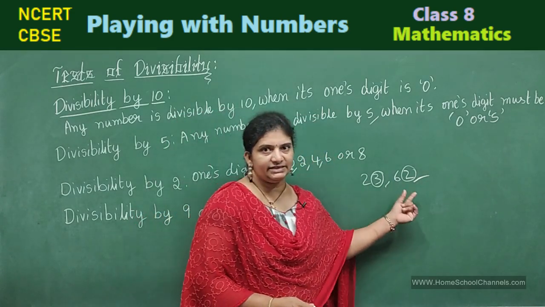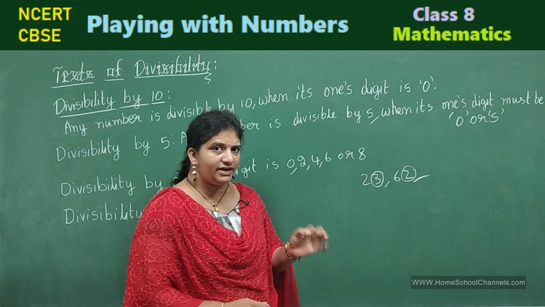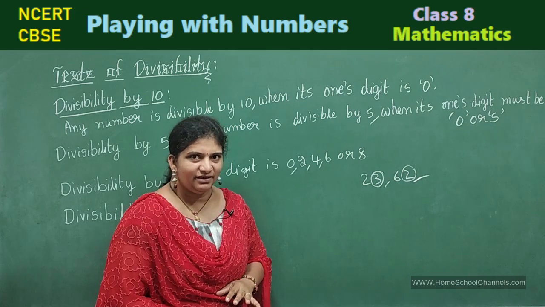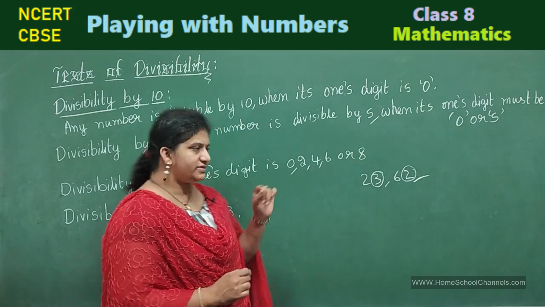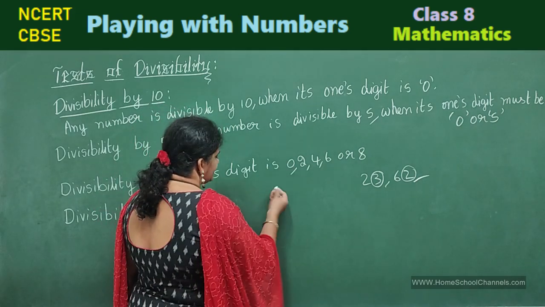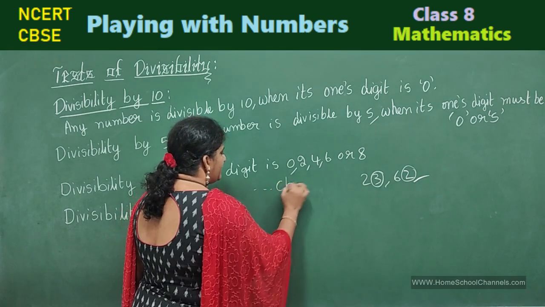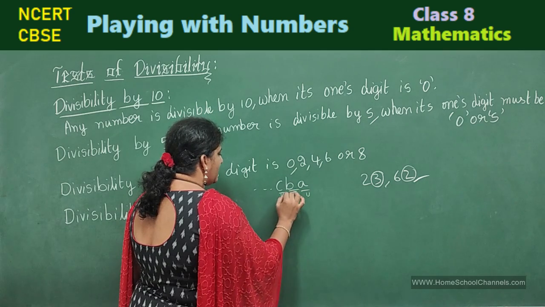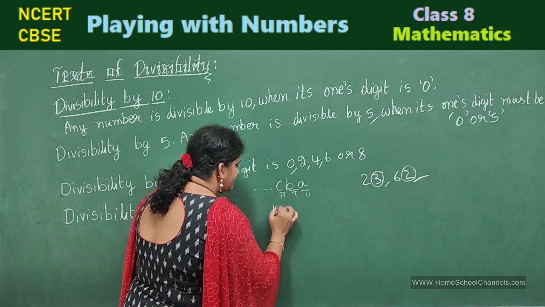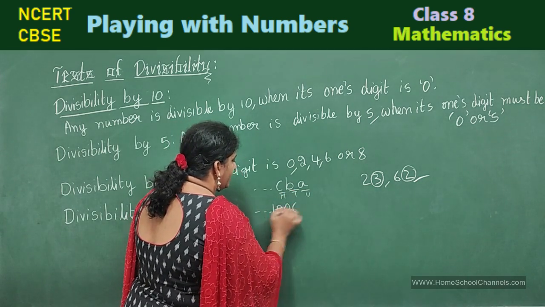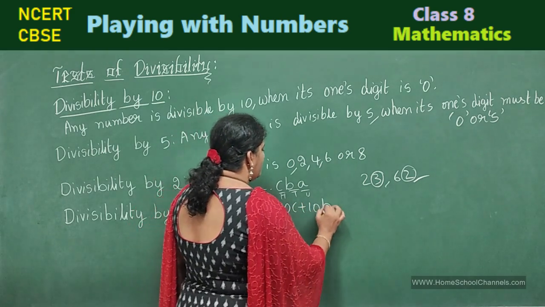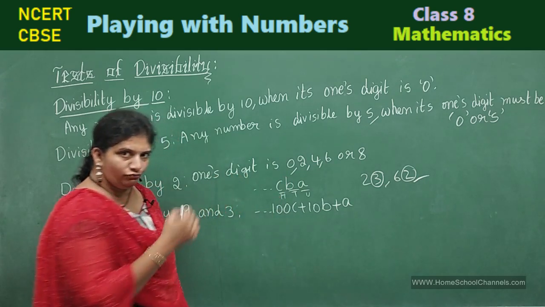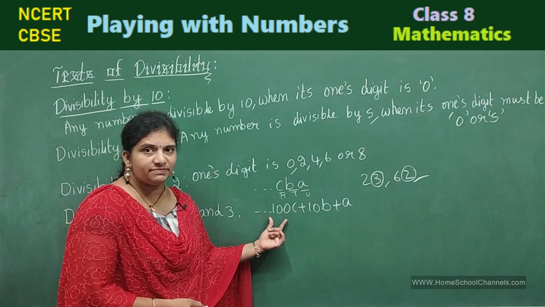Observe the last digit in a number. If that digit is any one among these, the number is divisible. Right? Let us see a simple rule for how it is split. In the same manner, CBA: A is in the units place, then tens place, then hundreds place. Split this: 100C plus 10B plus A. Coming to divisibility by 2, 100 is divisible by 2.